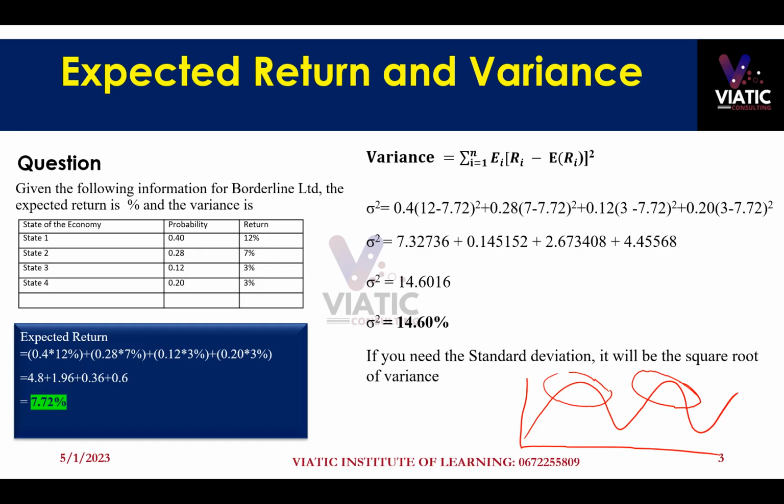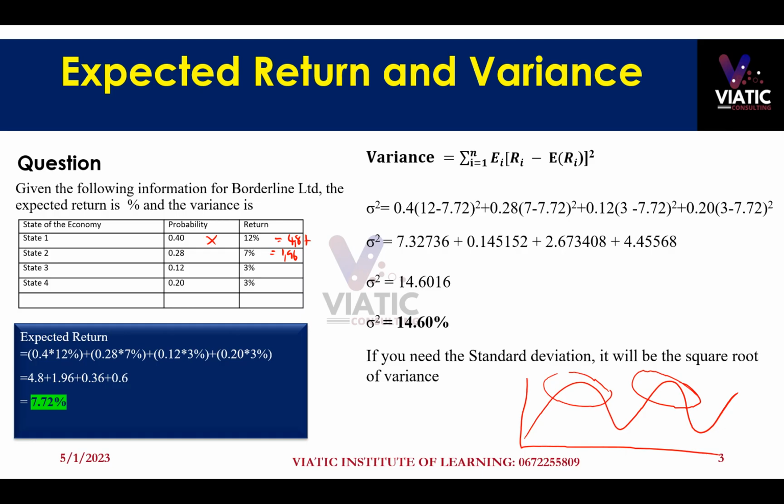So we are saying, state of economy, we've got 1, 2, 3, 4, probability and return. As I have been saying, someone can just say 0.4 multiplied by 12, they get 4.8. Then 0.28 multiplied by 7, they get 1.96.